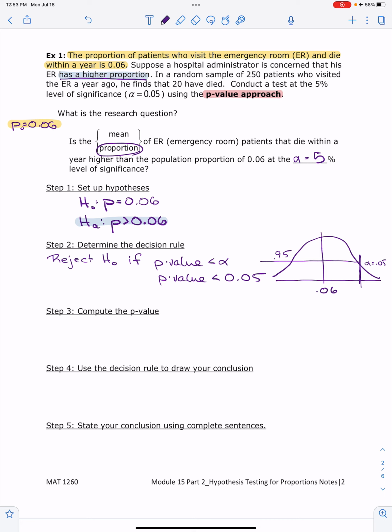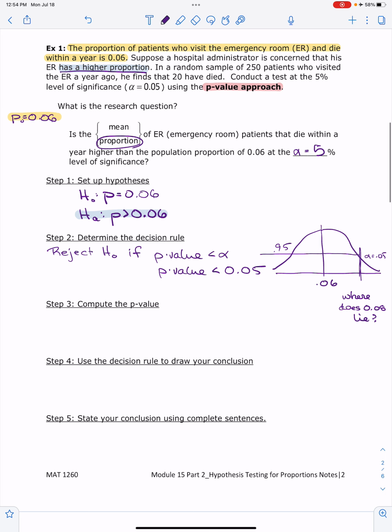Okay. So our question is, where does that 0.08 lie? Is it to the left of that cutoff for my alpha equals 0.05, or is it to the right? And I realize that right now you're wondering where I got that 0.08. Let us take a look at what we've got here.